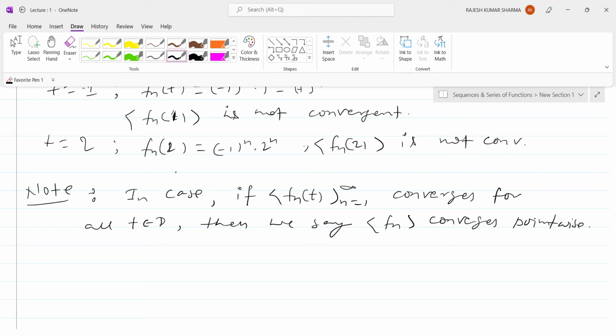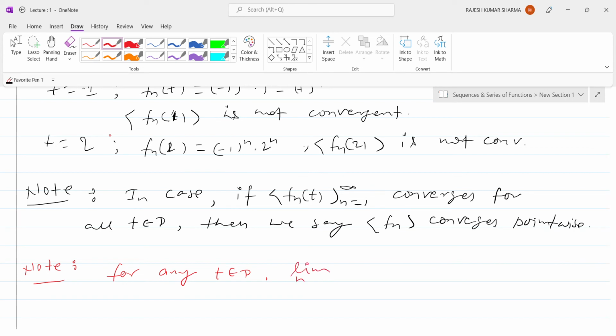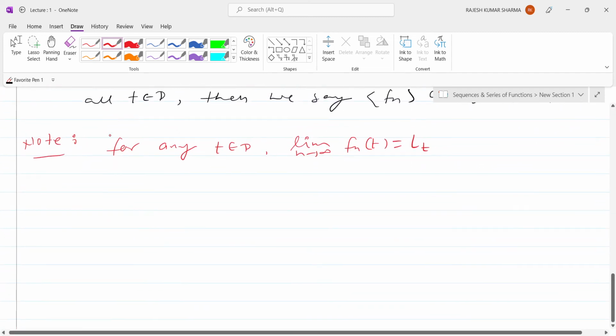For any t belongs to D, the limit of f_n(t) as n tending to infinity is l(t). Another note: for any t belongs to D, the limit of n tending to infinity f_n(t) equal to l(t).